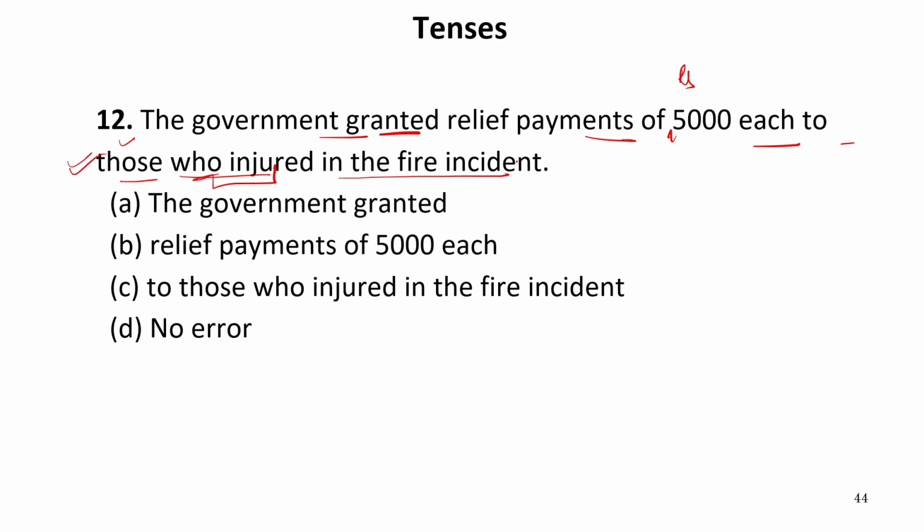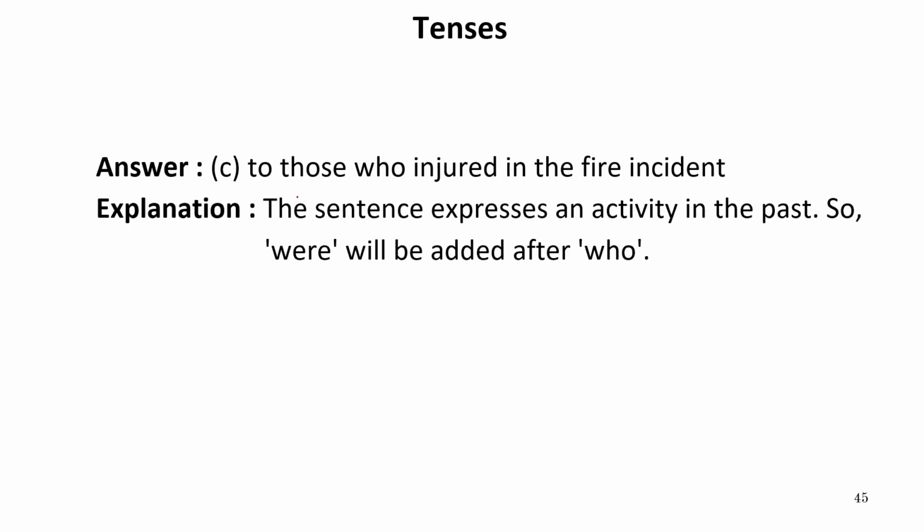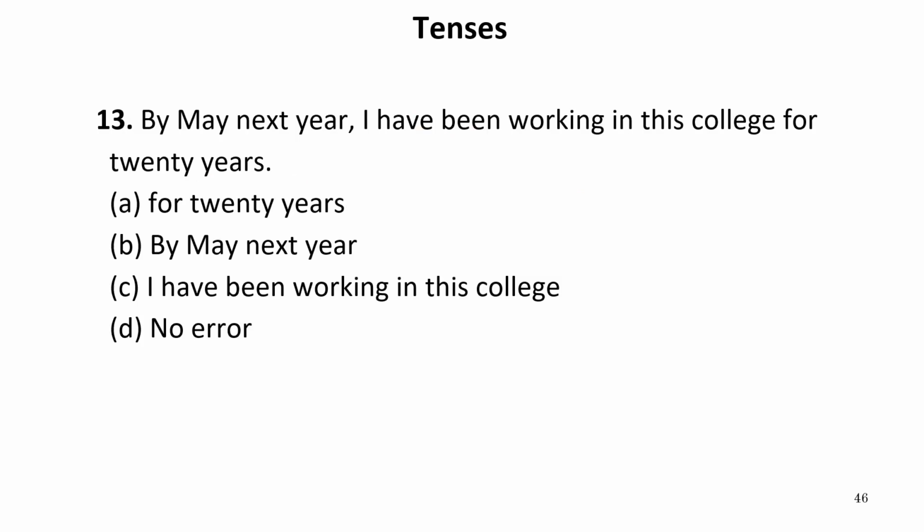It means this part of the sentence should be formed in passive voice. So it should be written like to those who were injured in the fire incident. So your error will be in C part, to those who injured in the fire incident should be replaced with to those who were injured in the fire incident. Let us move to the next question.